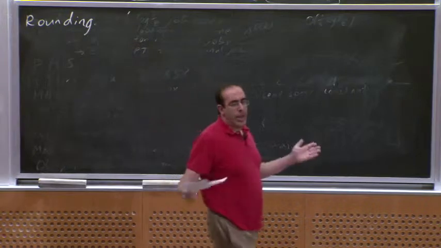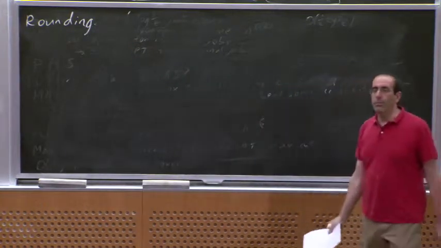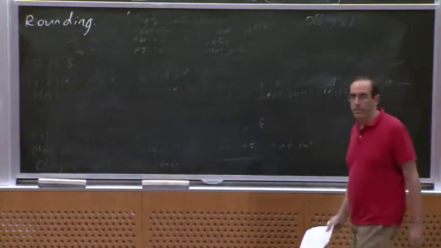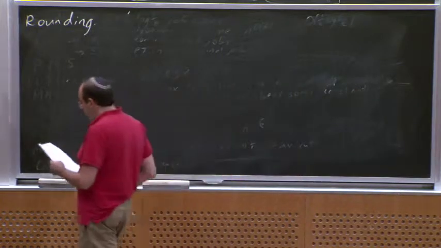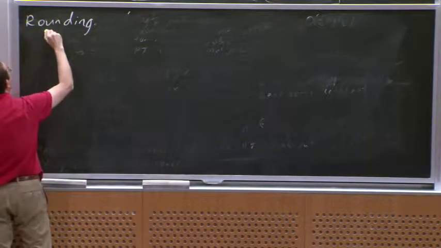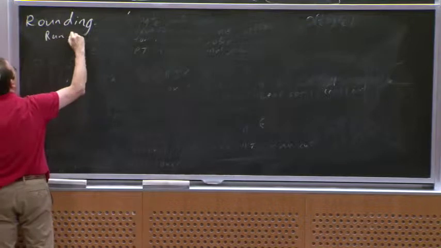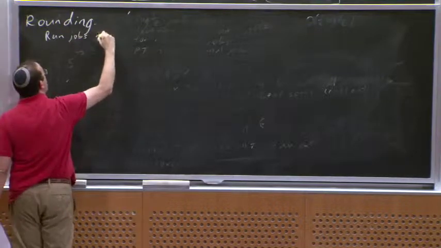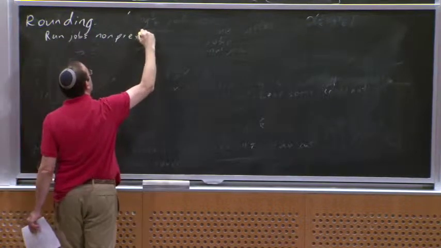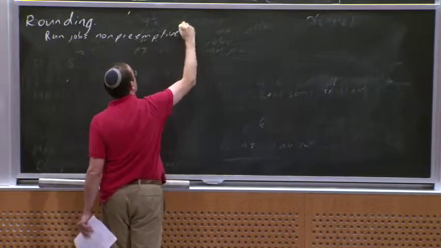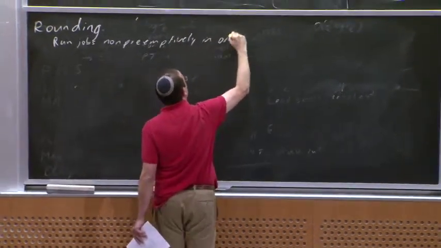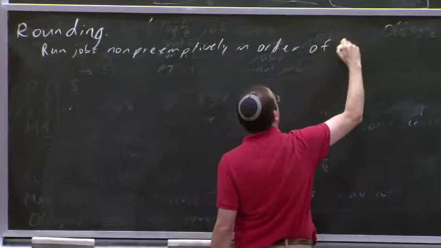How can I turn that into a non-preemptive schedule? Well, what I'm going to do is run the jobs non-preemptively in order of their preemptive completion.